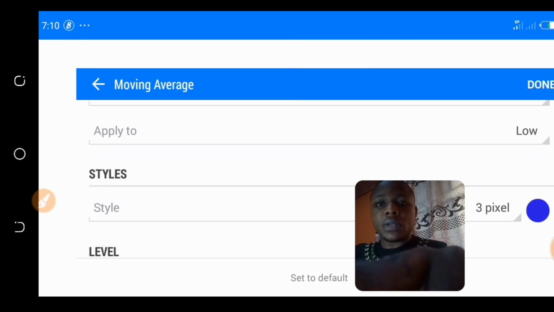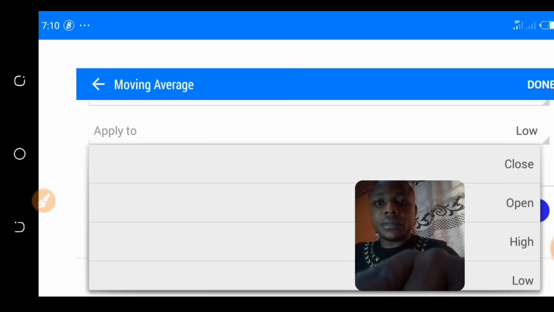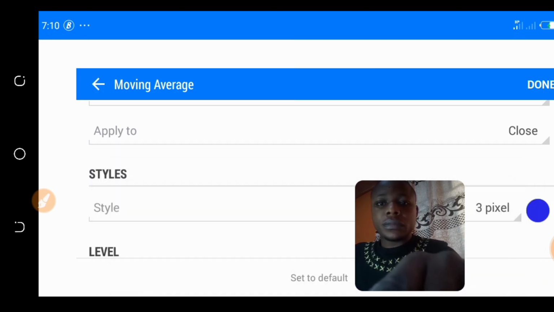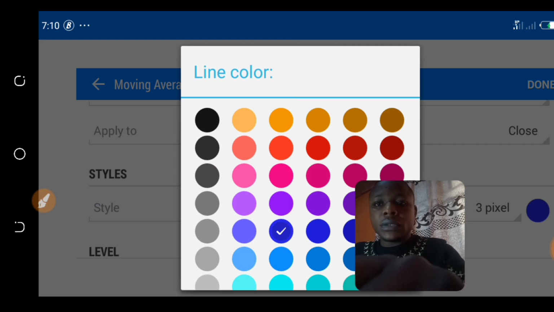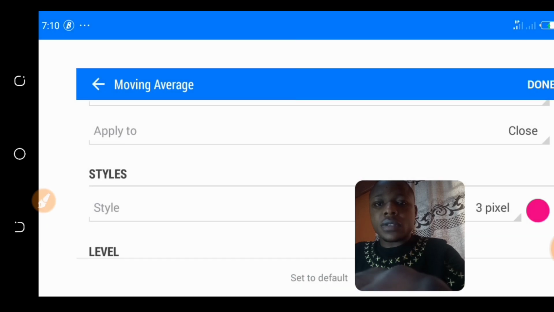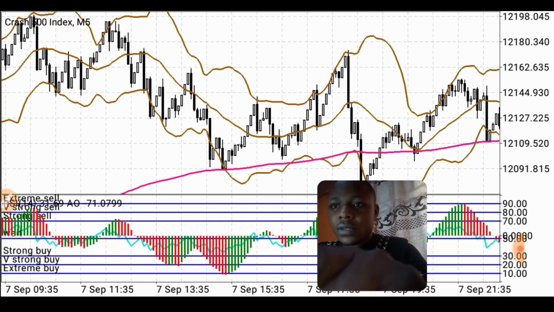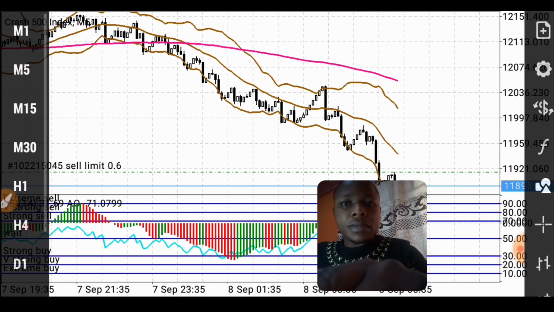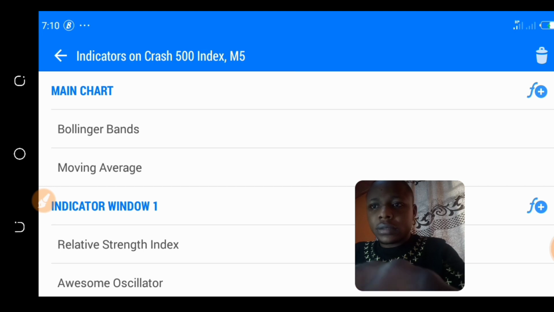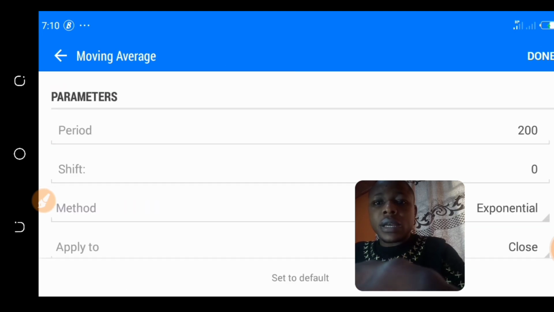So let's add EMA 200. Apply to close. Let's use pink. Oh, sorry. It seems I edited the EMA 500.